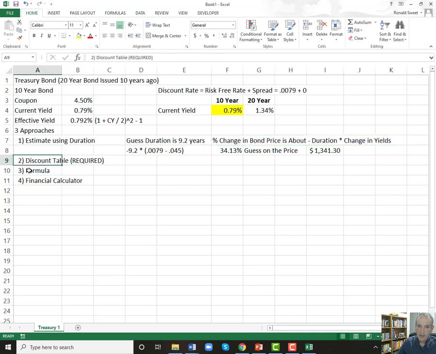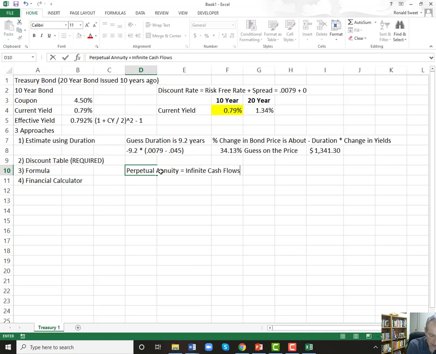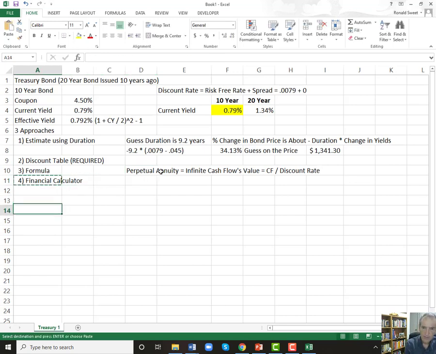All right, let me give you the formula approach. Now, boy, I always do it wrong the first time, but there's something called a perpetual annuity. A perpetual annuity says an infinite cash flow's value equals the cash flow divided by the discount rate. We're going to use this formula when we value stocks.